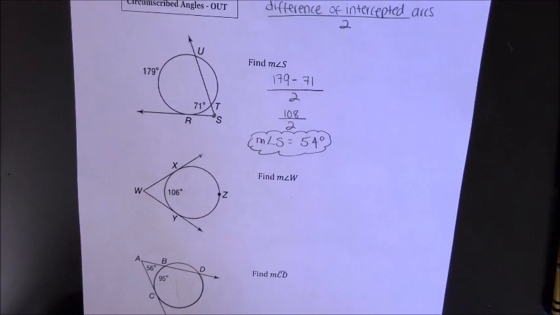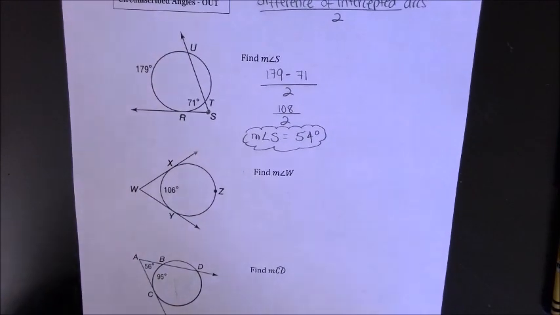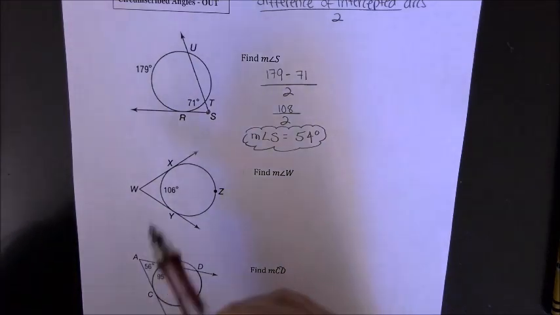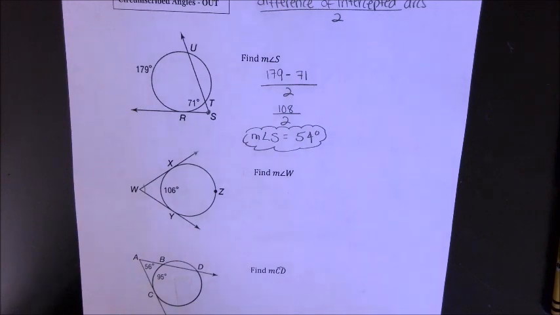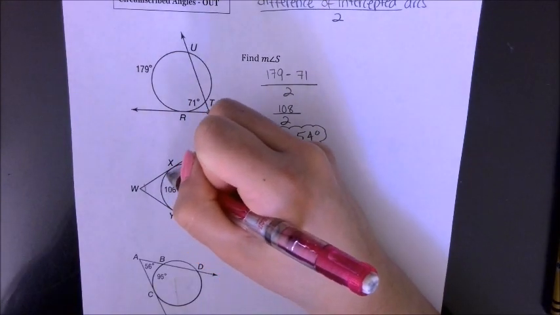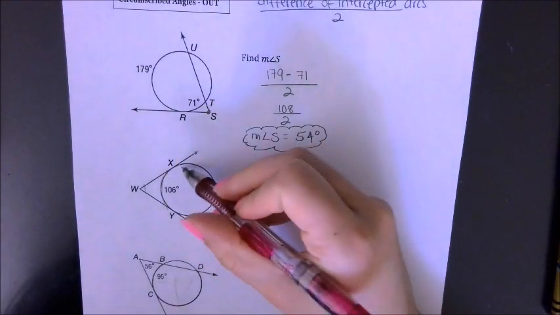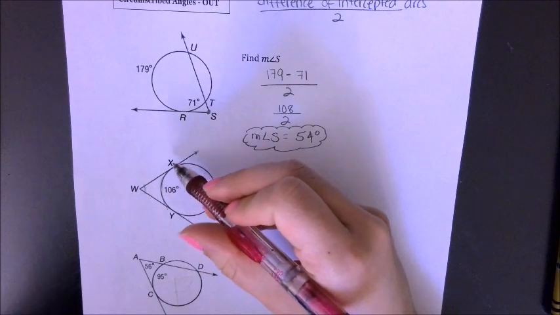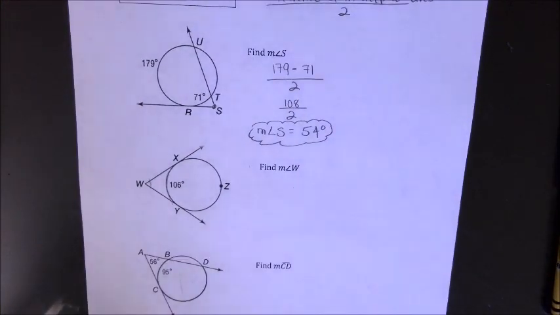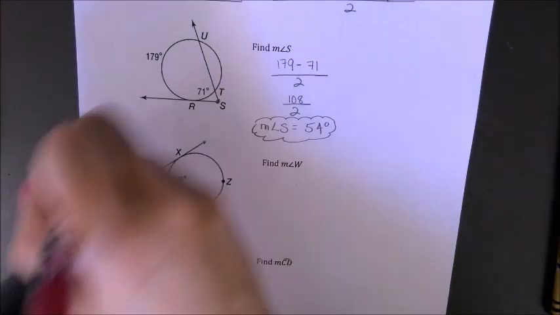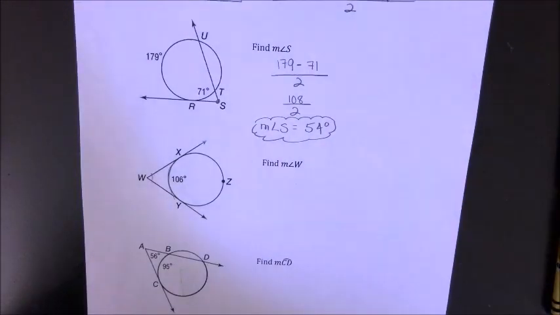Okay, next. I want to find the measure of angle W. Right now all I know is that this is 106 degrees. I don't have my major arc. So how do you think we'll find that? Think about it again: a whole circle is 360.